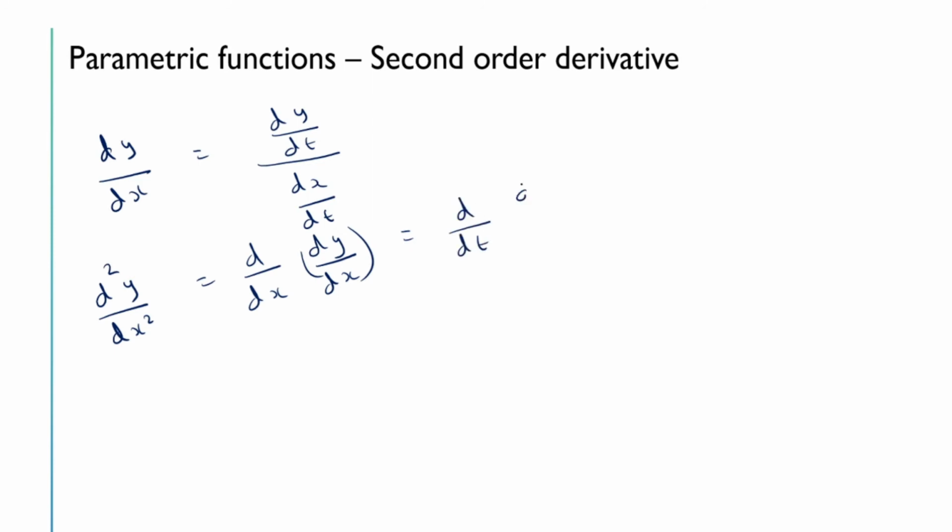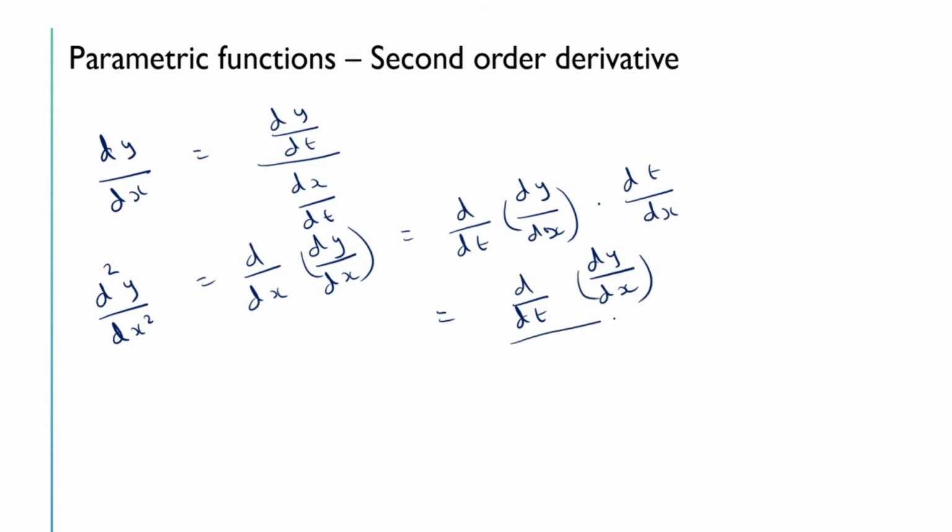Again using chain rule, we can differentiate dy by dx first with respect to t, and then we can differentiate t with respect to x. Or we can write this as d by dt of dy by dx the whole divided by dx by dt.